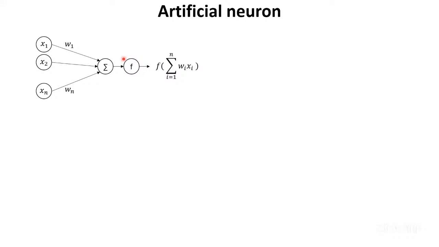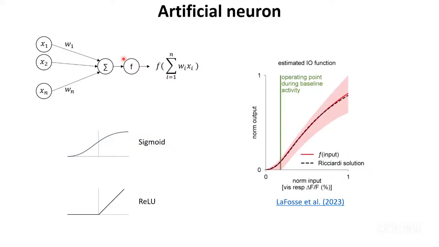So this is what an artificial neuron is in machine learning and artificial neural networks. We use sigmoid, we use ReLU, and this kind of output behavior of a neuron is used. So these are the artificial neural networks.